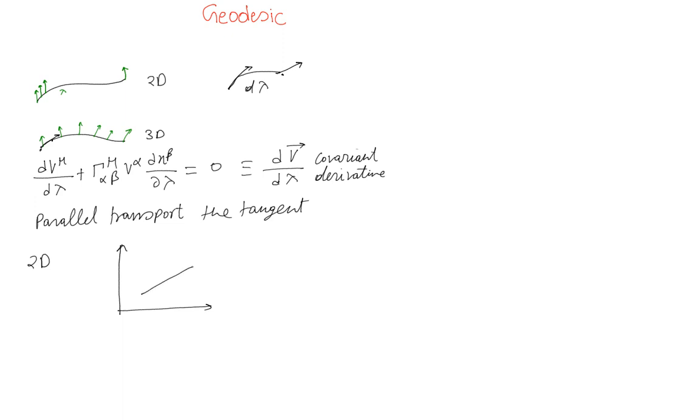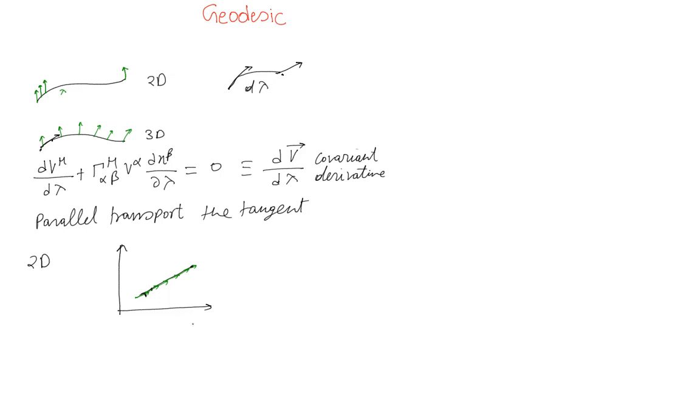We all know this will be a straight line. So if you parallel transport from here to here, we know the tangent is the line itself. Keep parallel transporting all in the same direction, and you see that it satisfies this condition.